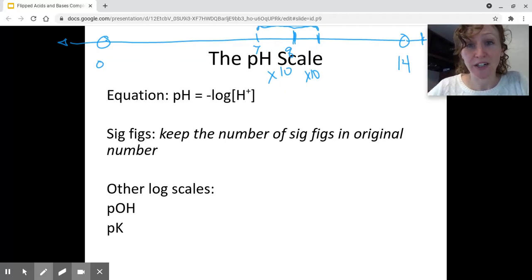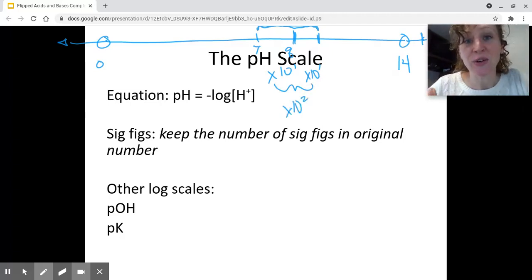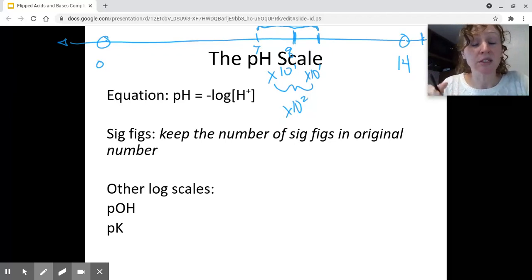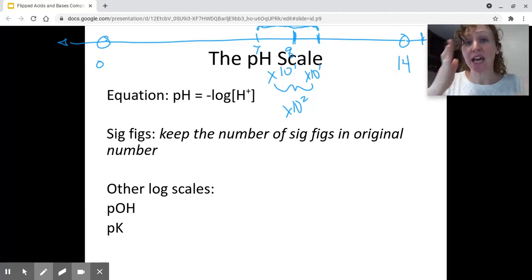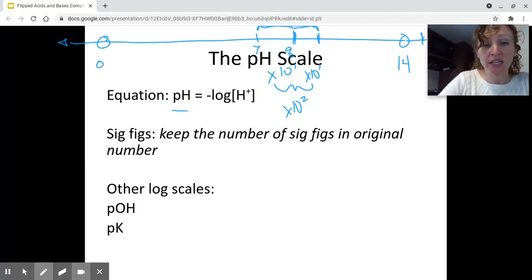It's a difference of 100, right? And so these notches on the pH scale get multiplied by a power of 10 every step you take. And so it's a logarithmic scale. It's not a linear scale, and that's going to change our understanding of concentrations when we're trying to compare two different pHs, right?